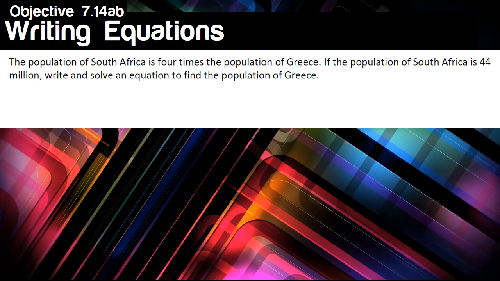We got some more problems going on here. So we have the population of South Africa is 4 times the population of Greece. The population of South Africa is 44 million. Write and solve an equation to find the population of Greece here. So let's do our little variables here. It's going to help us out. South Africa, I'll label that as S for South Africa.